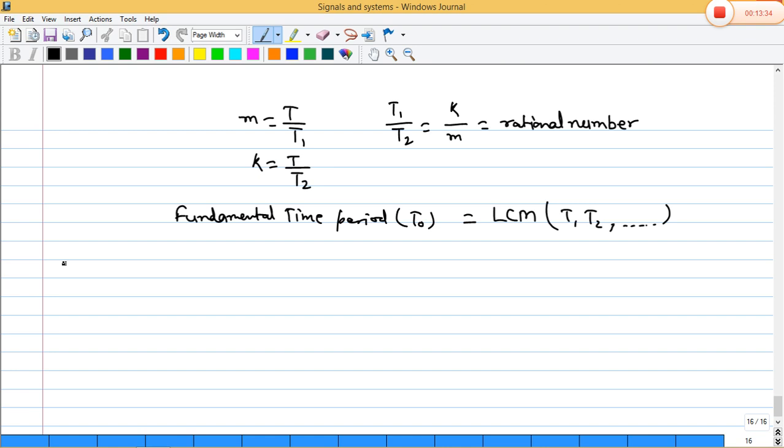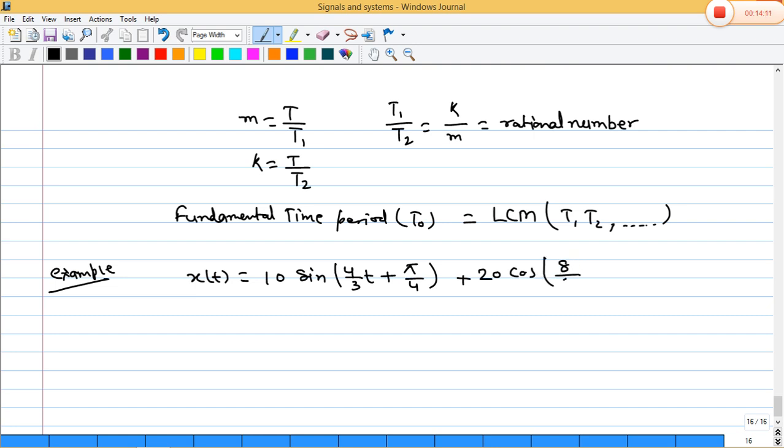Let's take an example for this. If x(t) is given as 10 sin of (4/3)t plus pi by 4, plus 20 cos of (8/5)t plus pi by 6.